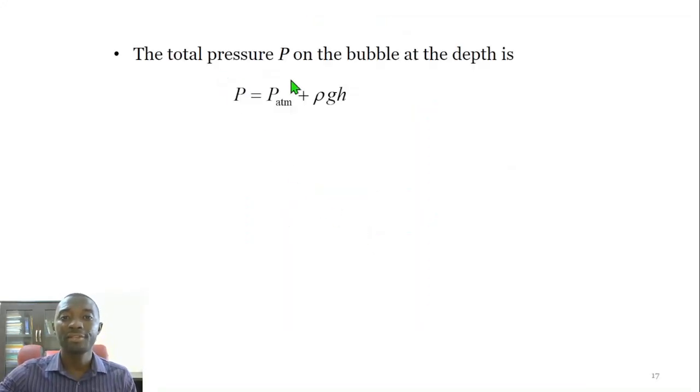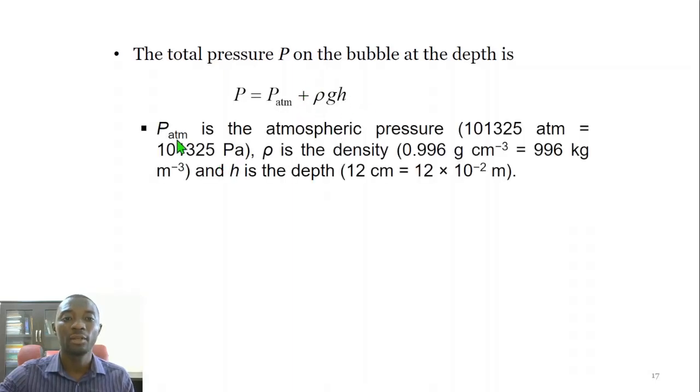So the total pressure on the bubble at the depth, P, is equal to the atmospheric pressure plus the hydrostatic pressure. This is the atmospheric pressure, which is equal to 101,325 Pa.